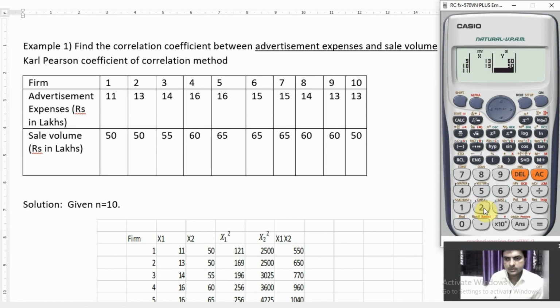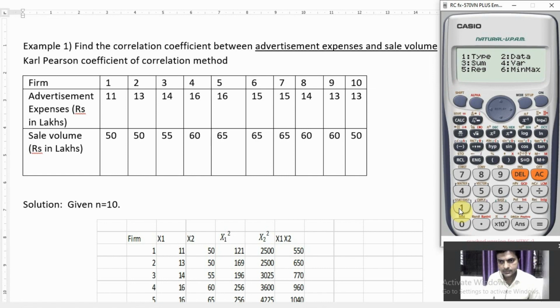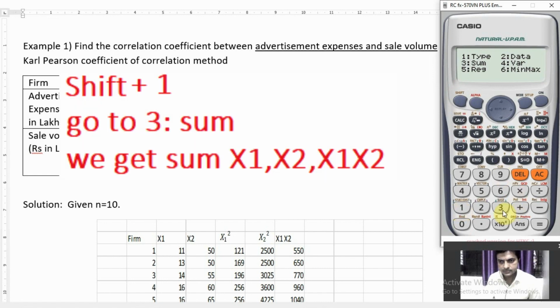And here we go. So after setting x and y, just press shift or you just press AC, go to shift 1. You can see you get sum 3. Whatever you want you will get it on the right hand side. You can see first one, that is summation x square.